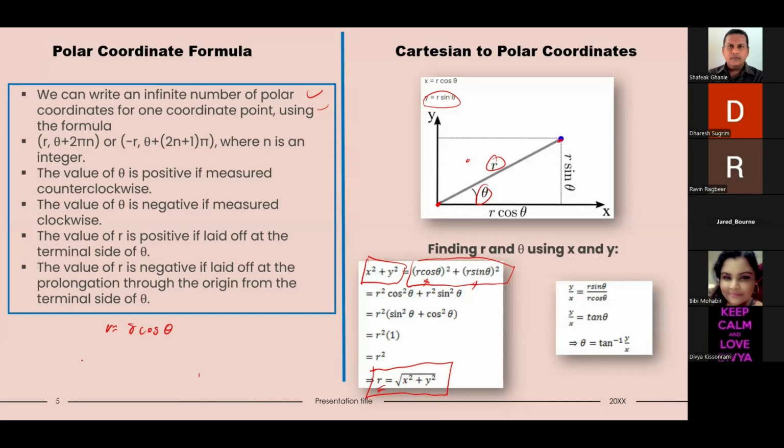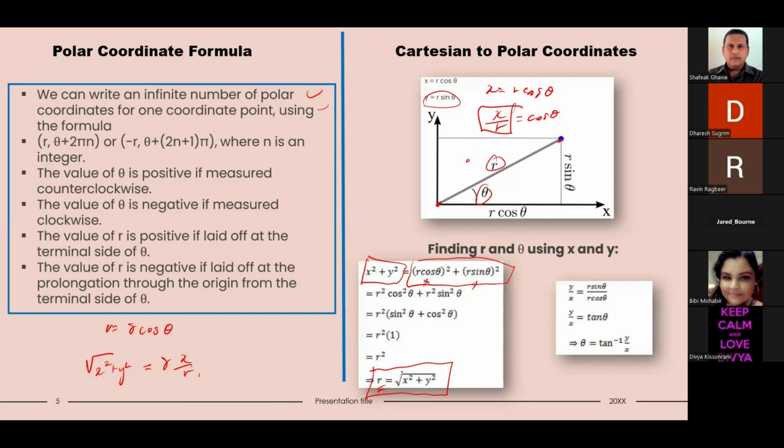So we're going to have the root of x squared plus y squared is equal to, and by the way, cos theta, you look here, x is equal to r cos theta, so cos theta is basically x over r. We can rewrite it in this form and put it in here as well. So we're going to have the root of x squared plus y squared is equal to 8x upon r.